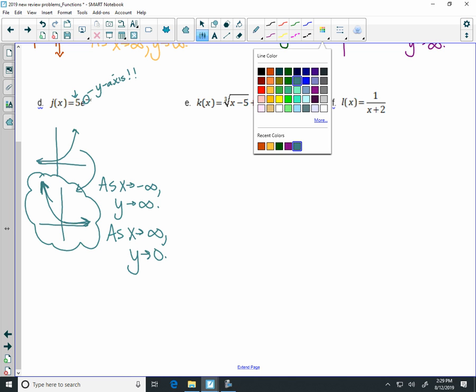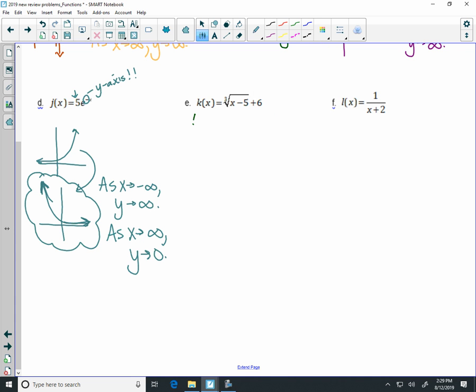Okay, cube root. Cube root, it's moved over and moved up. So right 5, up 6. Still going to look like that. Now this guy looks like it flattens out. It looks like it might have a horizontal asymptote, but it doesn't. It's really going down forever over here.